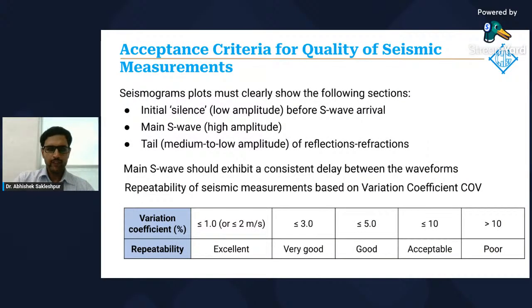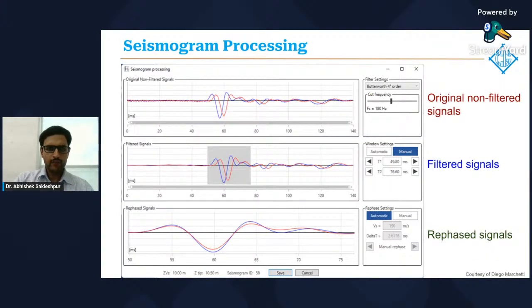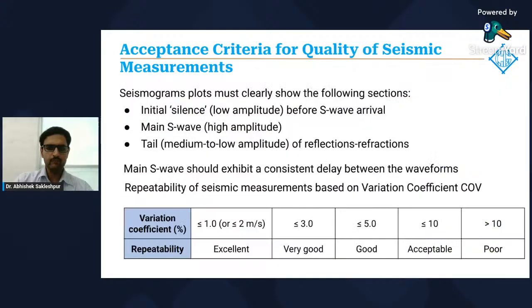And the main S wave should exhibit a consistent delay between the waveforms. What that means is if you compare the blue wave and the red wave, the delay between the two waves should be consistent across the main shear wave. So that tells you that the data is of good quality.